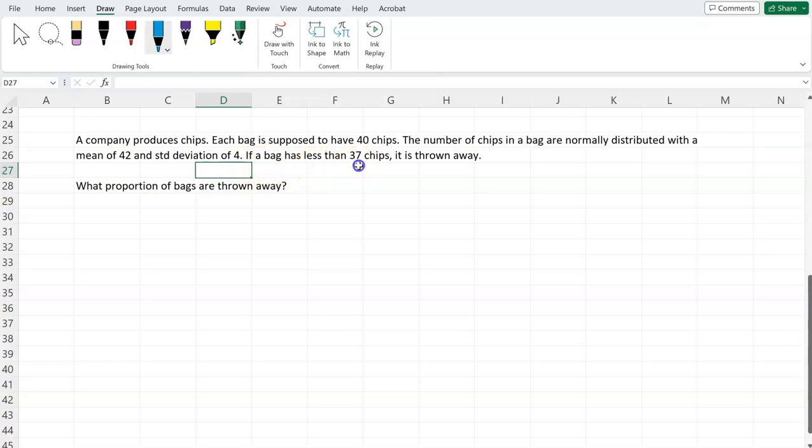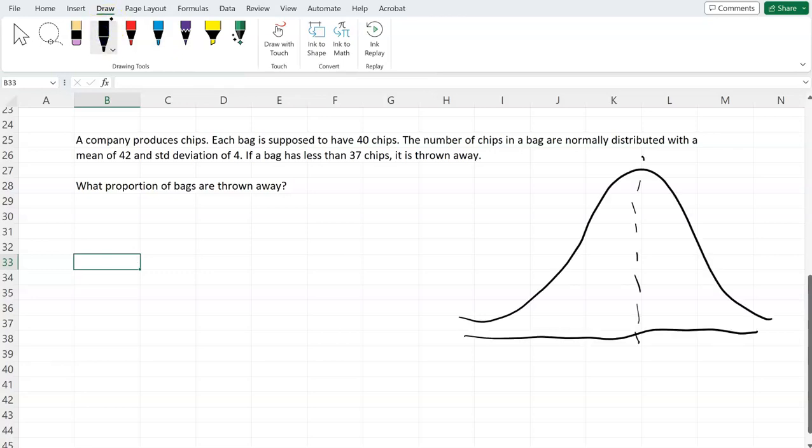So if a bag has less than 37 chips, then it is thrown away. So we can find out what proportion of the bags are thrown away. If we draw our normal distribution here, the mean is supposed to be 42, and if the chips are less than 37, then it's thrown away. So we need to find this probability.